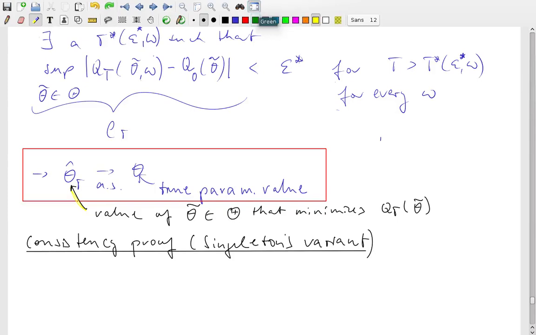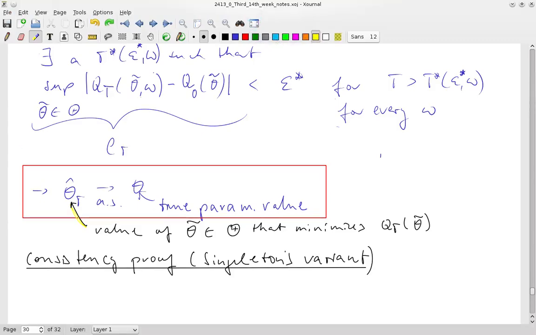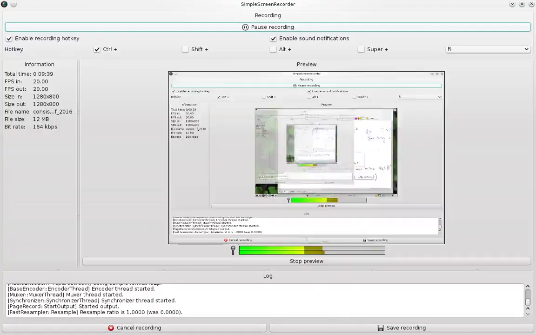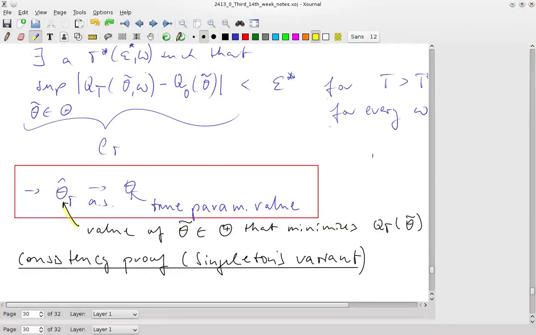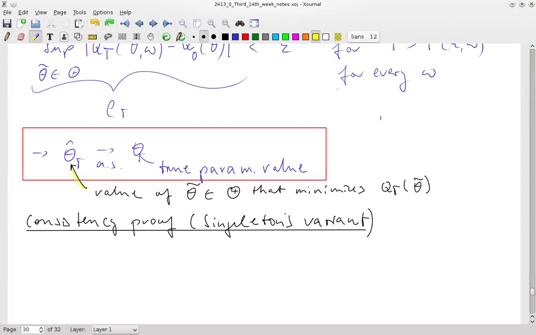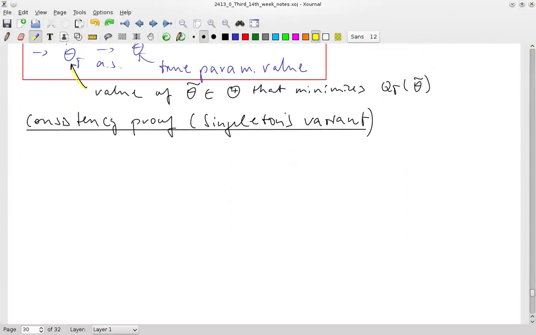I think it uses what we call a triangle inequality, and I think it's a very clever way of thinking about proving consistency for this class of estimators that we have at hand here. Okay, so let's see how this proof works.